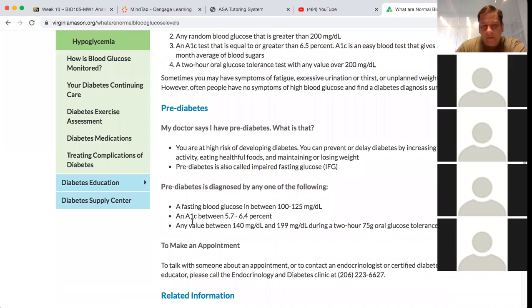Well, another parameter is the A1C hemoglobin that needs to be between 5.7 and 6.4 to be normal.